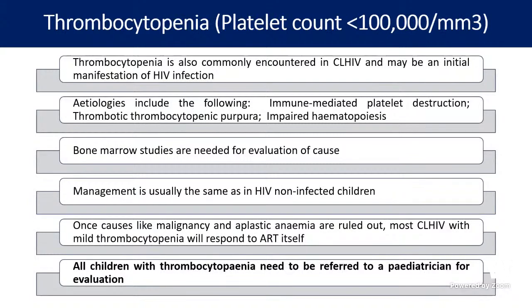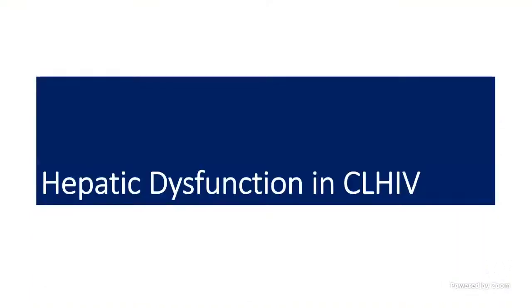Okay. Now the next thing we will go for is hepatic dysfunction. This can be there because of what all we said. Understand that HIV itself can cause liver dysfunction. So there will be alteration of the liver function. Hepatomegaly will be there. The child may present with jaundice. So this is a very common thing.